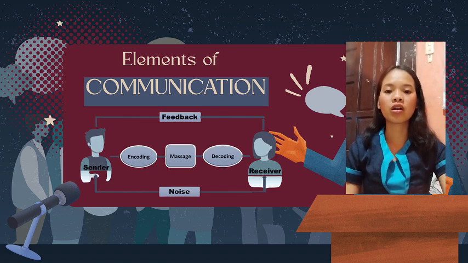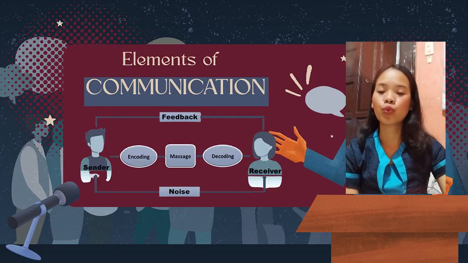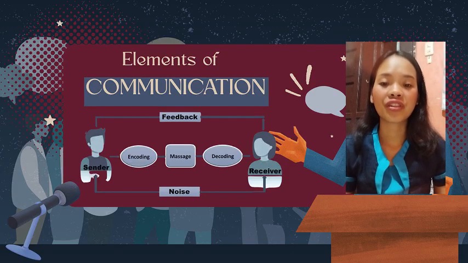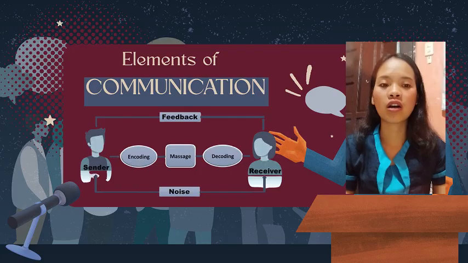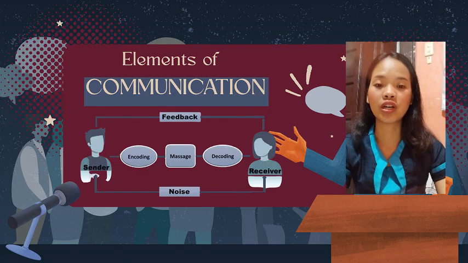So encoding is the process where our ideas or our thoughts are turned into words or actions, so that we can deliver them to our audience or to the receiver.